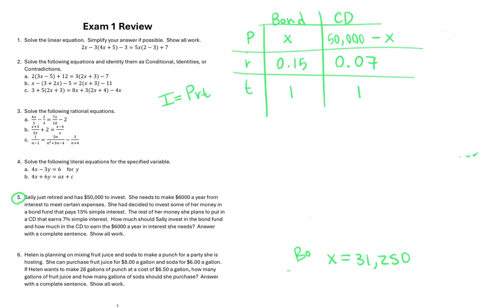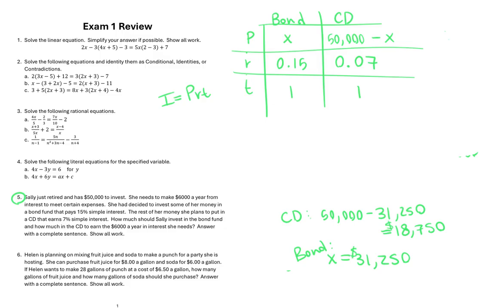Maybe we can write bond here, and then we'll have to do some computations to find how much was in the CD. 50,000 minus x, or 50,000 minus 31,250. That should give us 18,750 for the amount that we need to invest in the CD.